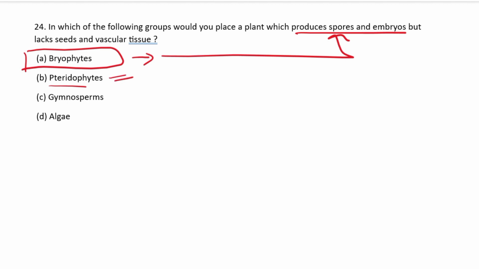Then gymnosperms are seed producing plants and also are vascular plants. And algae have no vascular tissues, but they do not produce embryos. They might reproduce in some cases through spores, but they do not produce through embryos. So the right option for question number 24 will be A, bryophytes. Moving on to the next question.